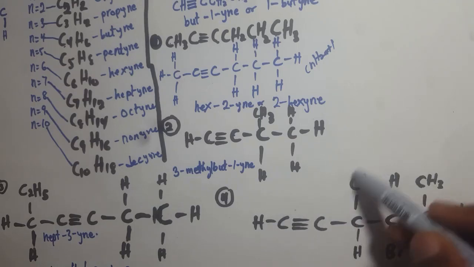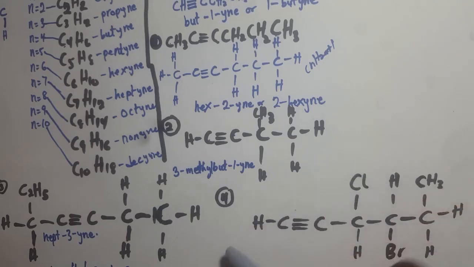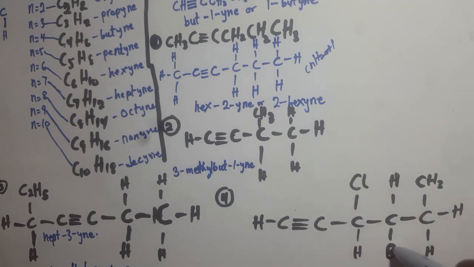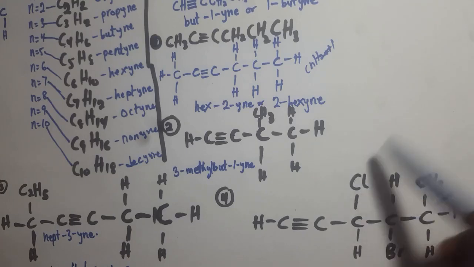Since they are substituents, their names are going to come before the longest chain, that is hexyne. But you realize that this chloro and this bromo, you always name the substituents in alphabetical order. So bromo will come before chloro.